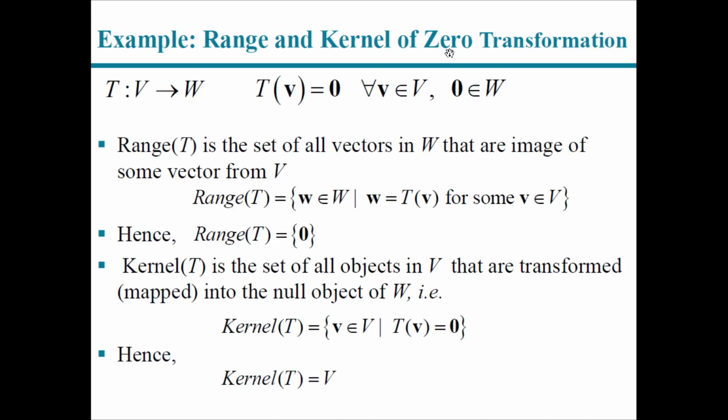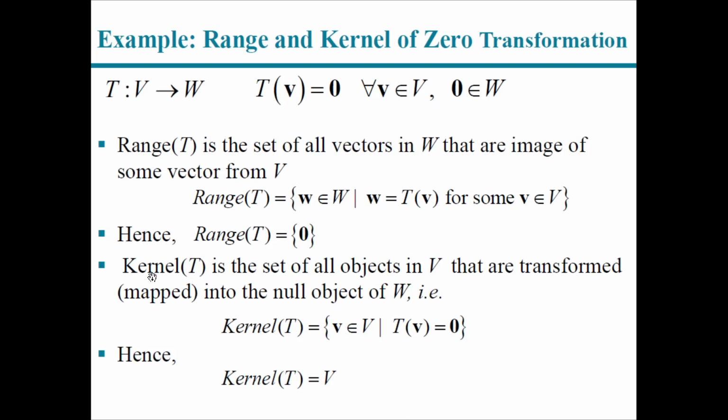So for instance, if I have the 0 transformation, in this case the 0 transformation takes objects from V and it sends them all to 0. So the range of this 0 transformation is only the object 0 from W, because everybody is sent to 0. There's only one image. So the range is 0.